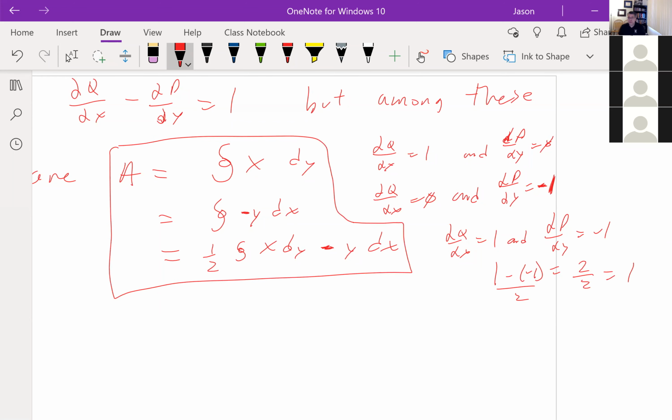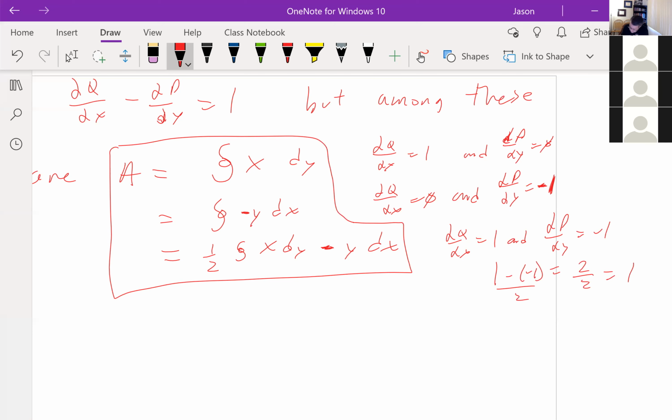And there are more, because there's an infinite number of combinations that give you 1, especially if you're dealing with constants or coefficients. But among the basics, these are the basics. So how does that help me?